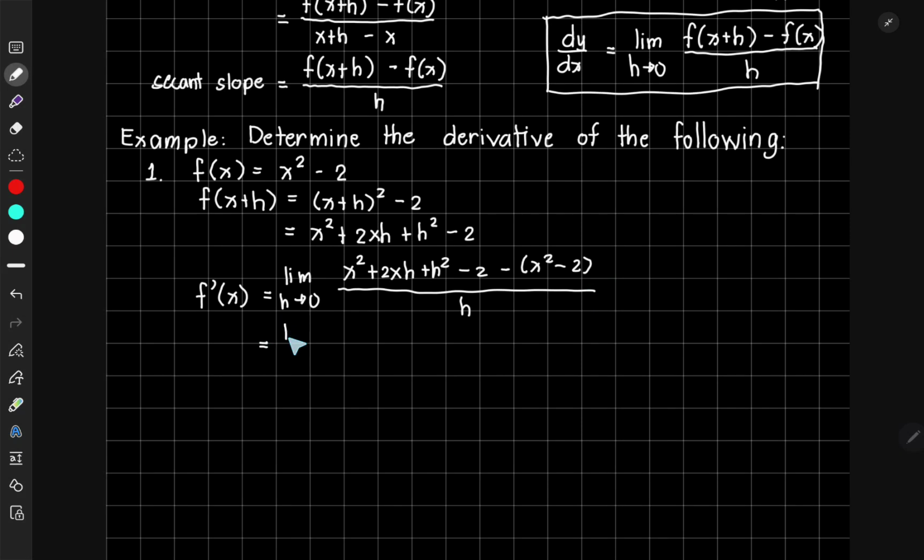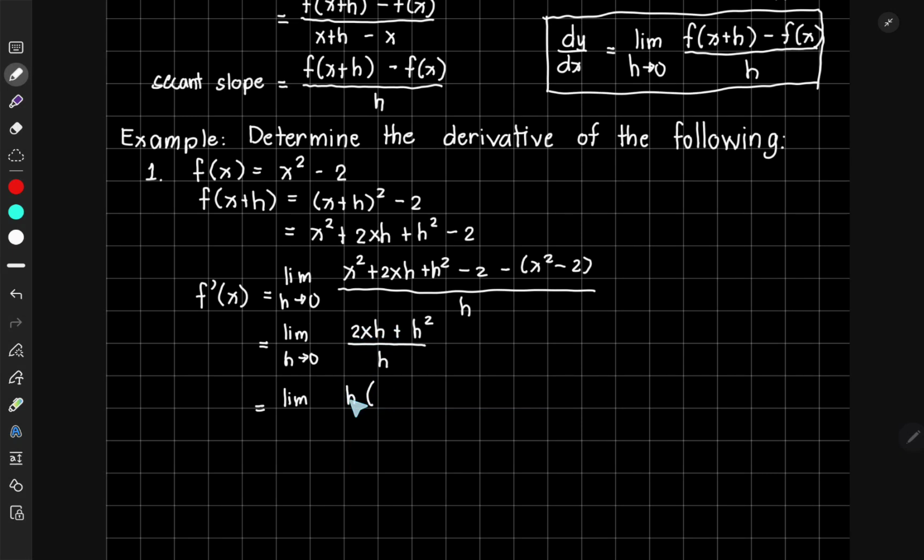So rewriting that, we have limit of 2xh plus h squared. So magiging 0 na yan, divided by h as h approaches 0. So dito sa numerator, we have a common factor which is yung h. So factor out that one. So we have the limit of h multiplied by yung dito.